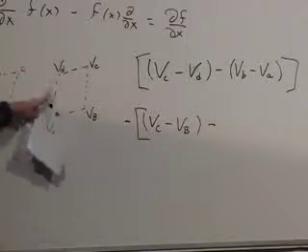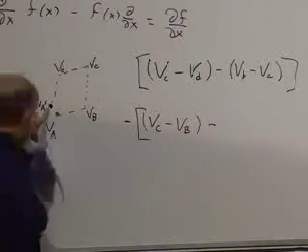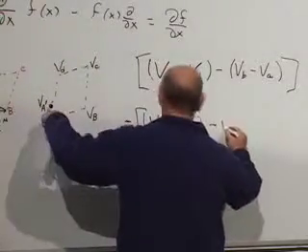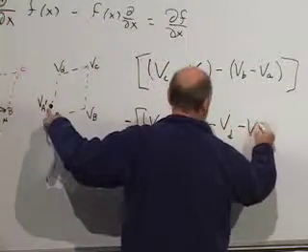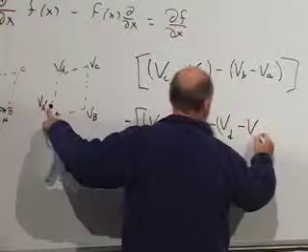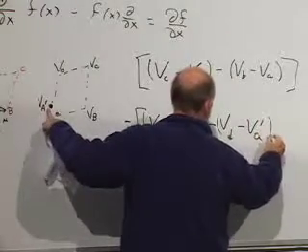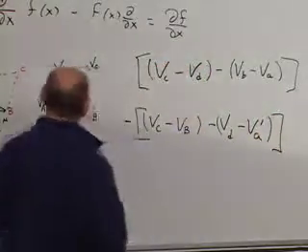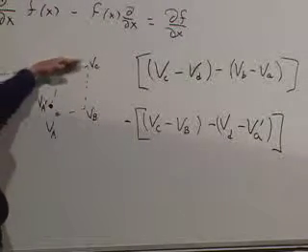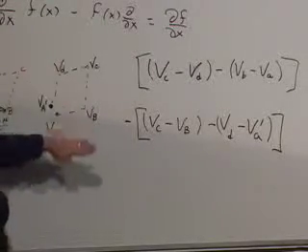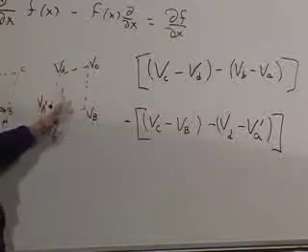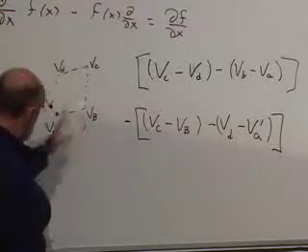Instead of coming back to here, we know we come back to va prime, so I'm just going to subtract vd minus va prime. That's related to two different orders that we can take differences.